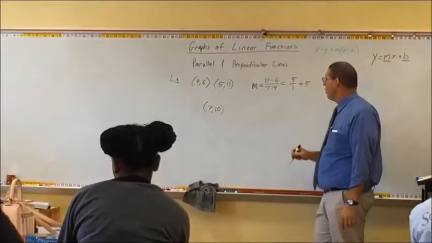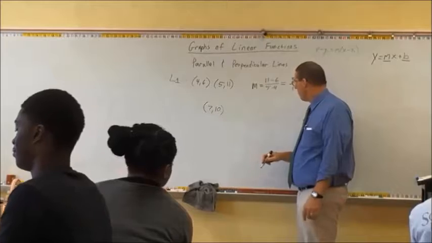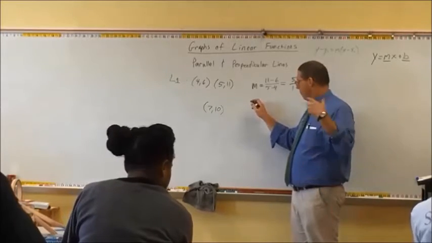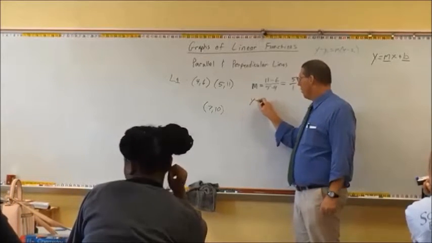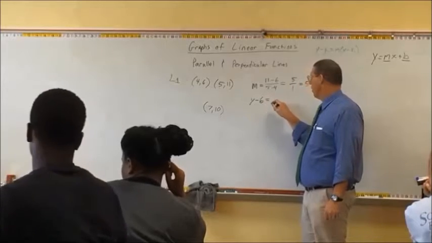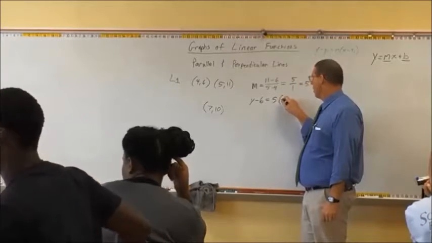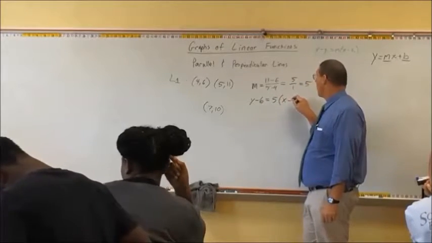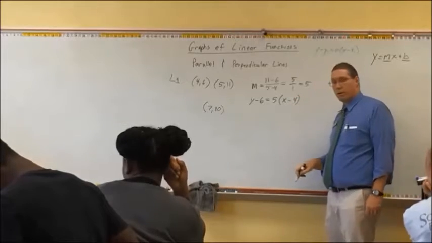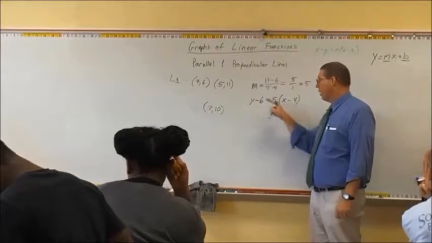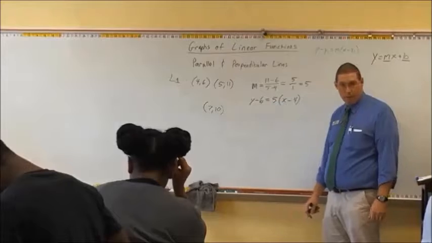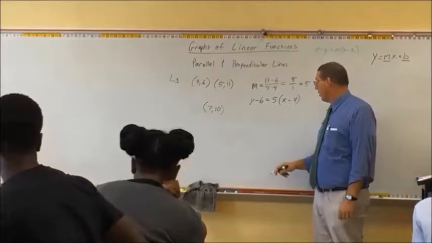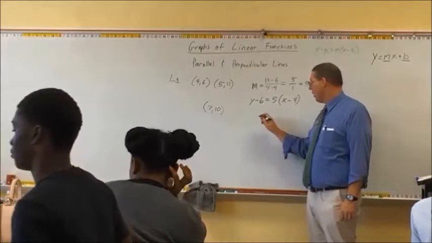5. So let's put it in point-slope form. Help me out. y minus 6 equals 5 times x minus 4. Yeah, x minus 4, right? We would only change it to a plus if it was a negative coordinate. All right, now let's turn it into slope-intercept form. How do I do that?